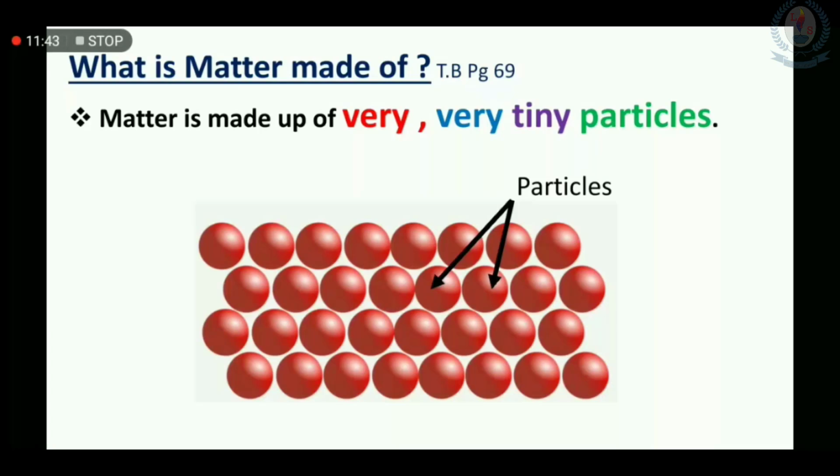If we consider many things around us, most of the things are made up of matter, isn't it? Just like everything has a building block, everything has something which it is made up of. So there are very tiny particles. We call these tiny particles matter.